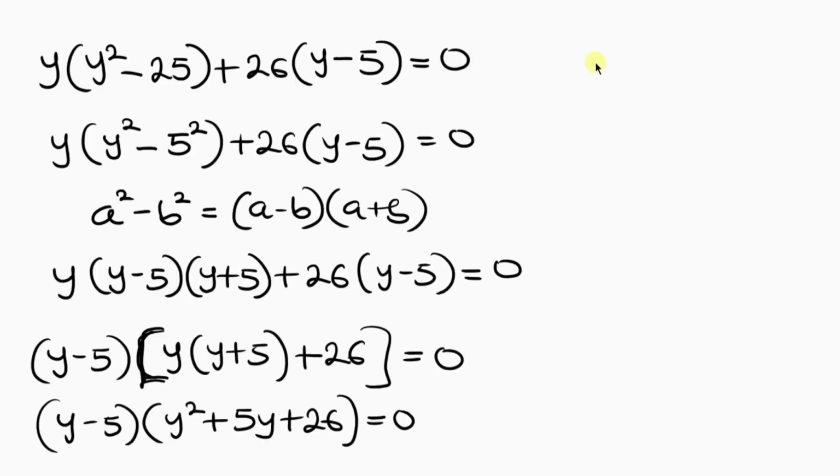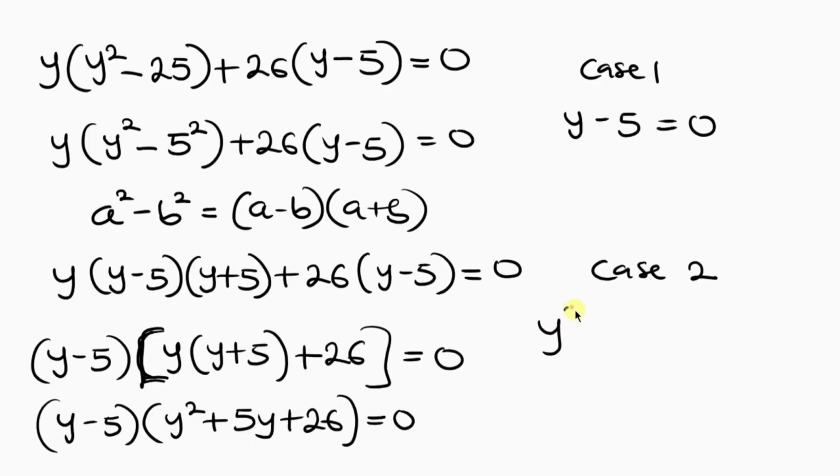The first case, let me call this case 1, is where we have y minus 5 equal to 0. While the second case, case 2, is y squared plus 5y plus 26 equal to 0.